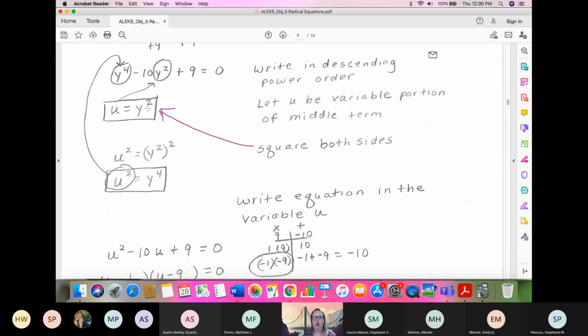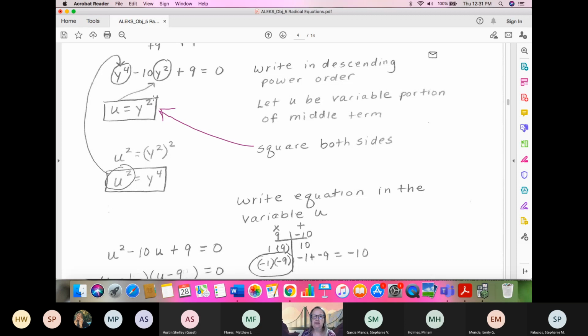Now, if we square y squared, it's y squared in parentheses, all squared. Power raised to a power, we talked about that earlier in the course when we talked about exponents. Power raised to a power like this, multiply the exponents, 2 times 2 is 4. So we get y to the 4th on this side.